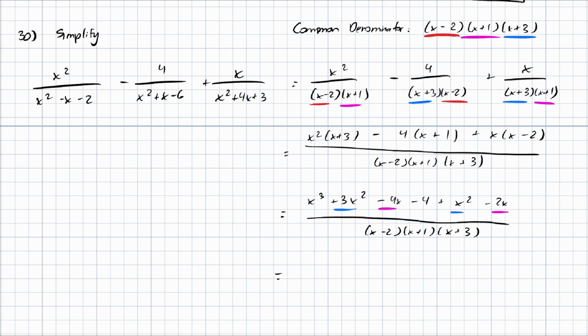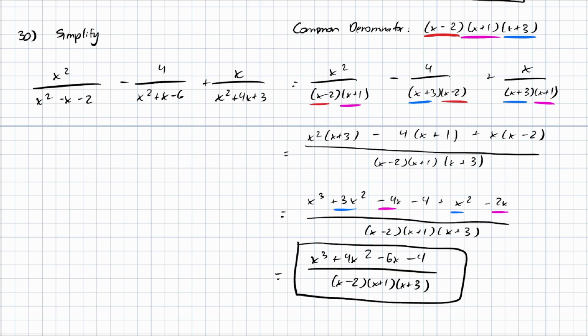Now let's combine like terms: x cubed plus 4x squared minus 6x minus 4 over x minus 2, x plus 1, x plus 3. And that would be my final answer, 30.